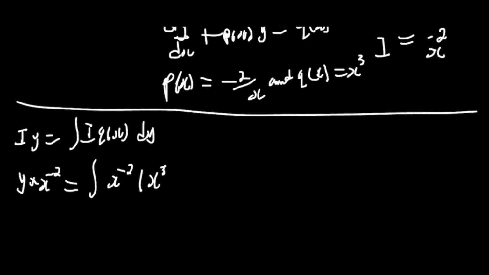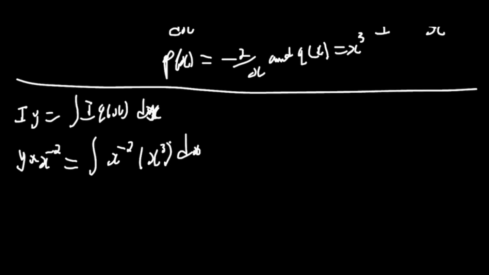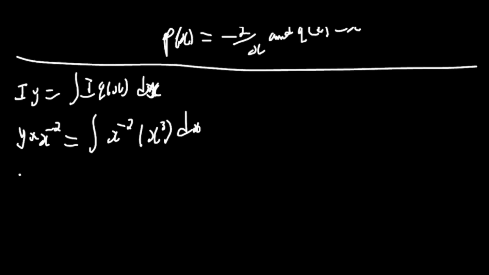Q of x was x cubed, now dx. So pardon, we have dx there. So here we have our y x to the minus 2 to be equal to, we're looking for the integral of, so from indices and logarithm we have to add this, so it will be x dx.